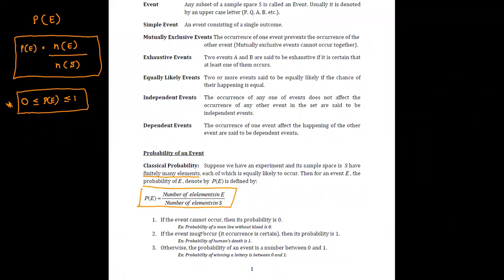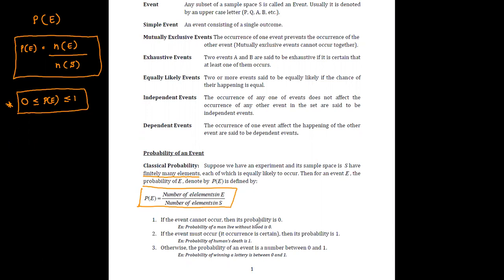Here another example is included. The probability of human death is 1. If you are born, then we know that there is definitely a death for all of us. But the only thing we cannot predict is when that is. But we all know that if we are born, then there is a death for all of us.